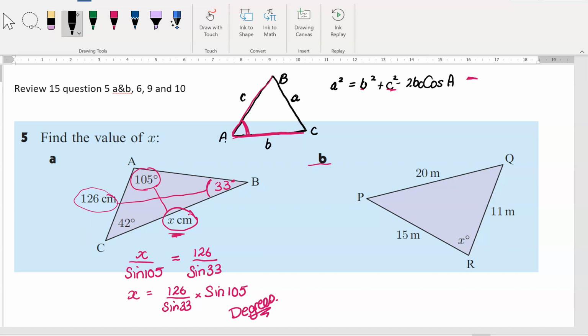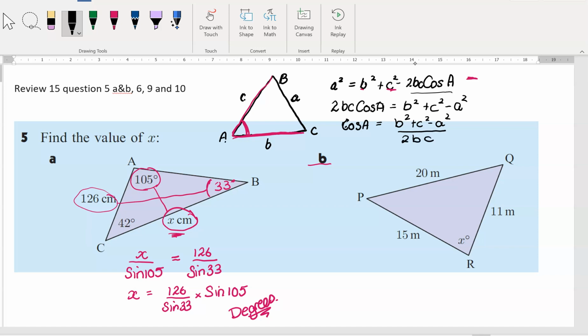So if I want to get this minus 2bc cos A by itself, I'm going to pop that on the other side, so that becomes positive 2bc cos A. Now on the right hand side, I've still got the b squared and the plus c squared, but the a squared comes over, so it becomes minus a squared. And now to get cos A by itself, I am going to get rid of that times 2bc and I'm going to divide. So I end up with b squared plus c squared minus a squared all over 2bc.